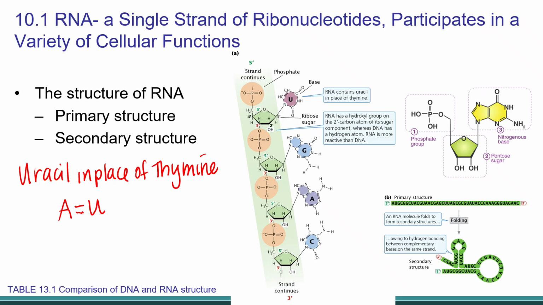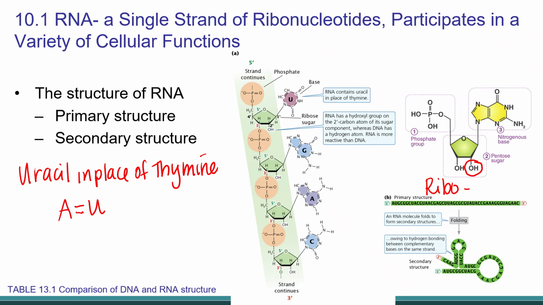Our other major difference is that we have this hydroxyl group on the ribose sugar, which is why we call this a ribonucleic acid, because sugars are supposed to have OHs on all of their carbons within their ring. Our phosphate group is the same. Our nitrogenous bases are either double ring purines or single ring pyrimidines, again, with the exception that we've got uracil in place of thymine.